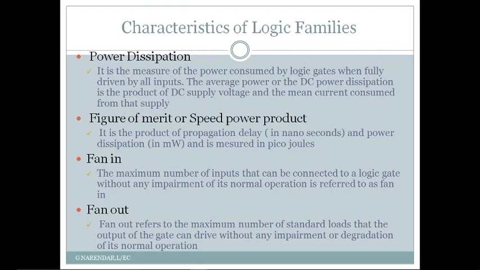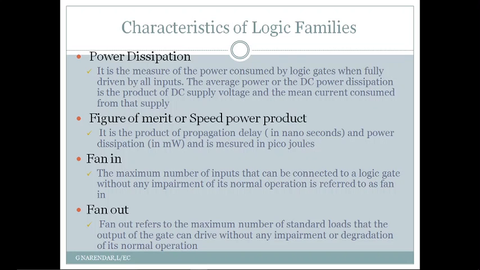So we cannot have both power dissipation and propagation delay low. If the propagation delay is low, power dissipation will automatically be high, and if the power dissipation is low, the propagation delay is high.